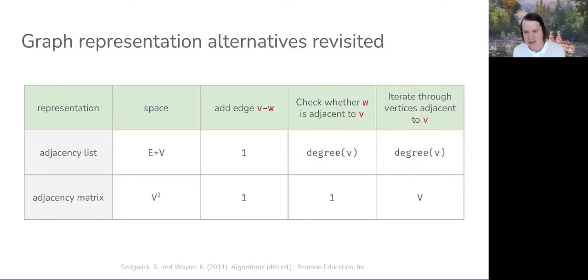Same holds for V. If you want to know if W is in V's list, it's going to be dependent on the degree of V, because in the worst case, you're going to have to traverse each of the nodes in the adjacency list to see whether or not one of them matches W.